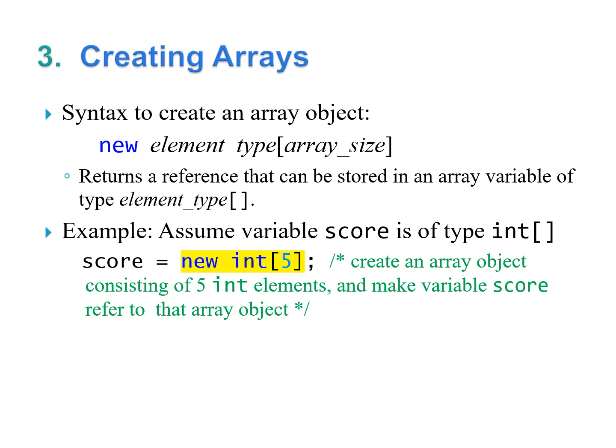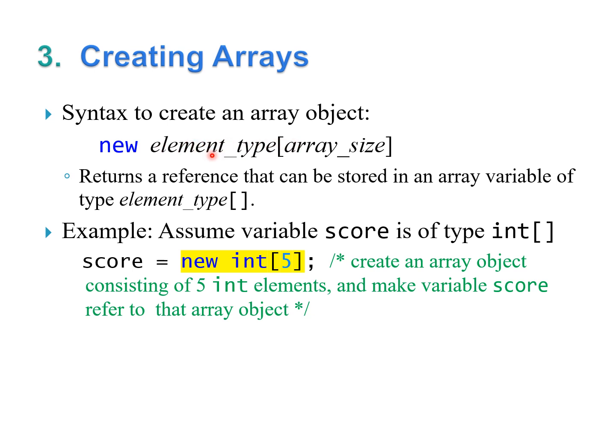Like other objects, array objects are created with the keyword new. In the syntax to create an array object, after the keyword new, you specify the type of the array elements, followed by the size of the array in square brackets. This new expression returns a reference that can be stored in any array variable with the same element type.